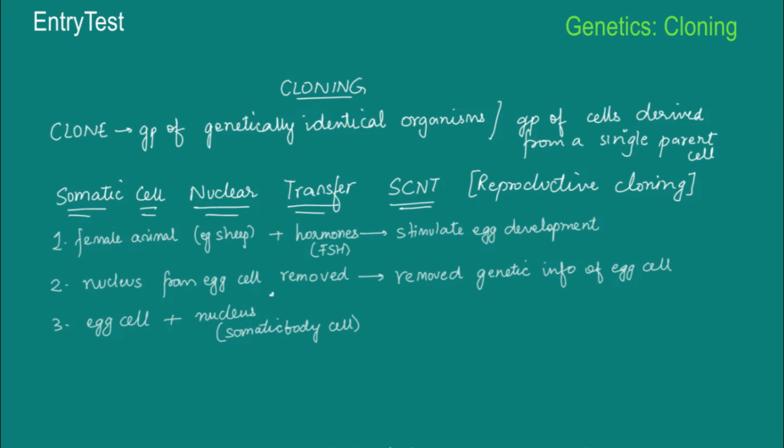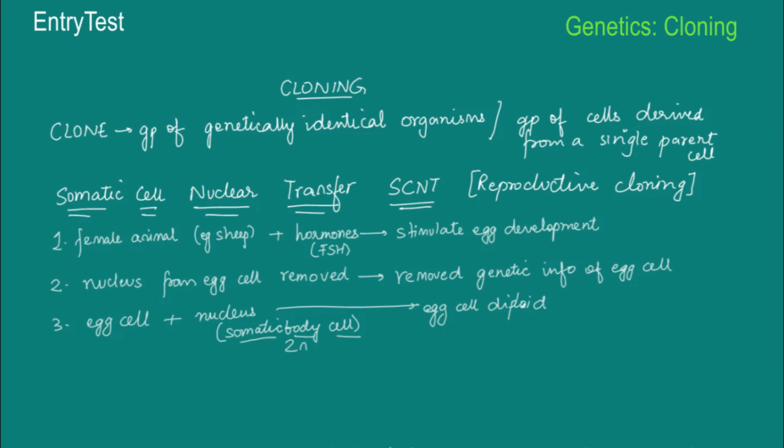They fuse together, they fertilize to form a zygote that has the diploid number. But in this case, there is no need of fertilization, because in the egg cell, we are putting a nucleus from a somatic body cell, which is already diploid. So thus, now the egg cell has become diploid. So that is why we have removed the nucleus and why we inserted a new nucleus from a somatic body cell.